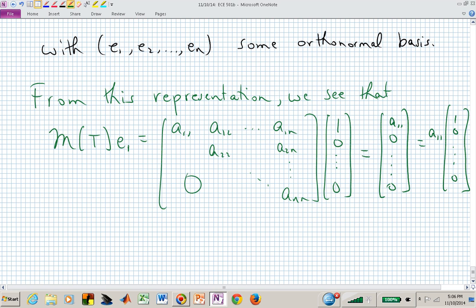We're just going to call it this A11 scaling the first component, and it's 0 everywhere else.